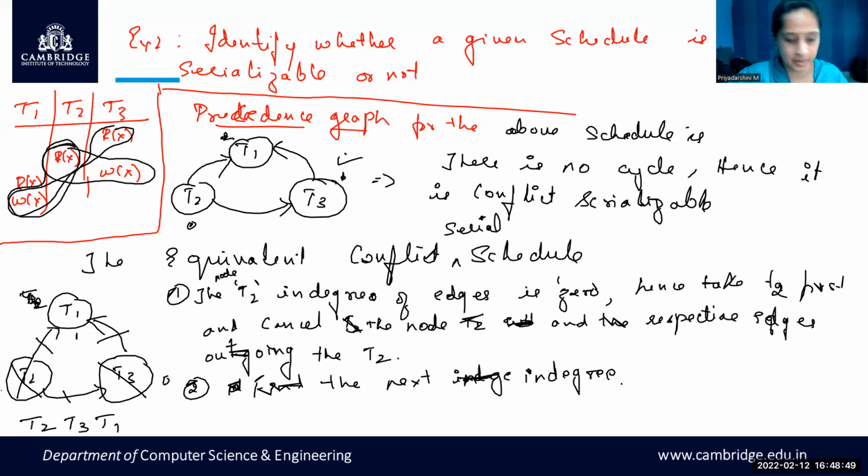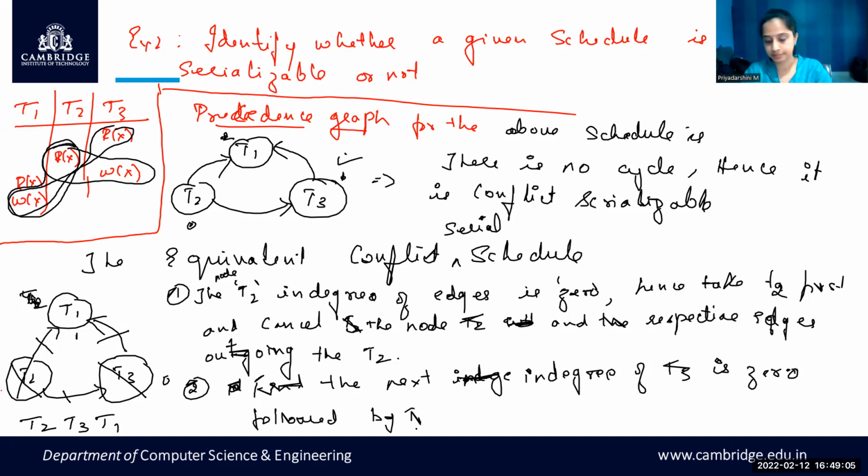I just need 5 more minutes, that's all. Next, in degree of T3 is 0, followed by T1. Just fill this up. So the final serial order is T2, T3, T1. So is that clear?